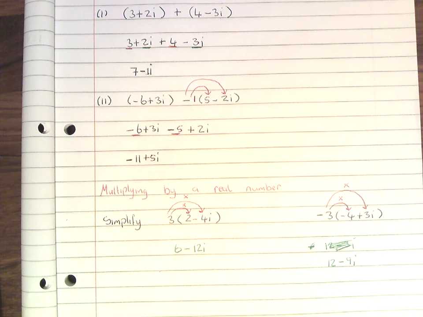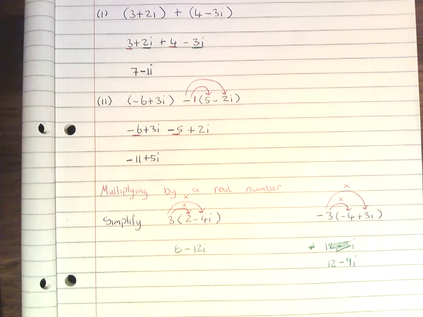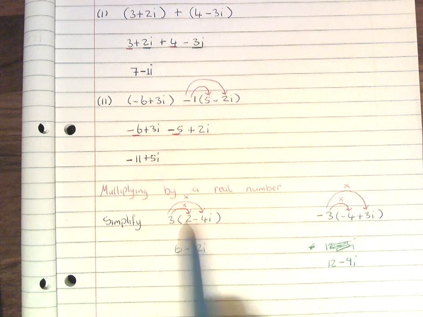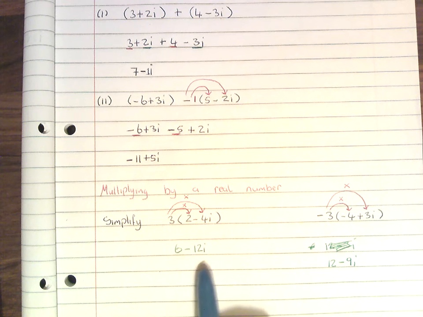Negative 9i, like so. So that's how, if you want to take a complex number and multiply by a real number, you just multiply the real part by the number and the imaginary part by the number, and you retain the i there as well.